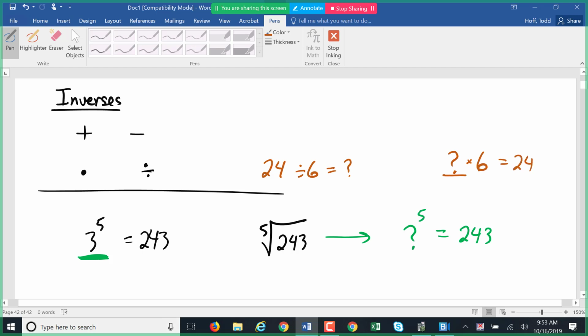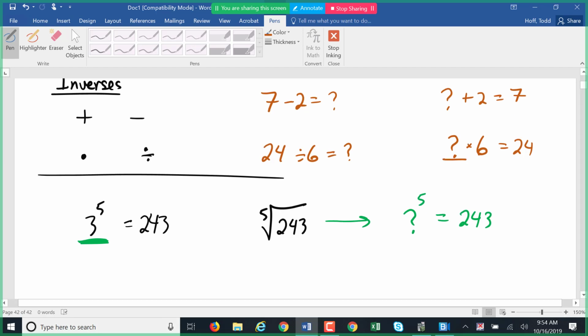It's a related multiplication problem. And the same with addition. If I say 7 minus 2 equals what number, what I'm saying is what number plus 2 equals 7. So they can be turned into their inverse operation.